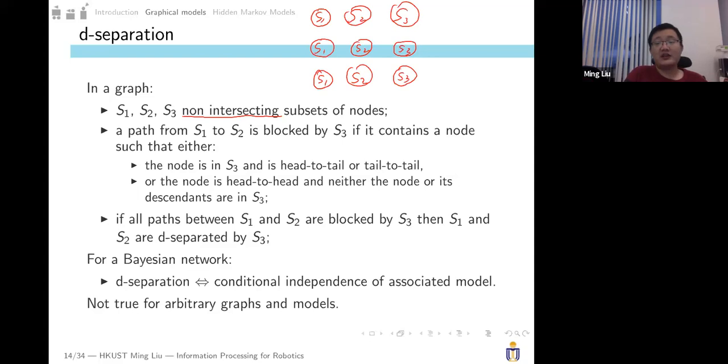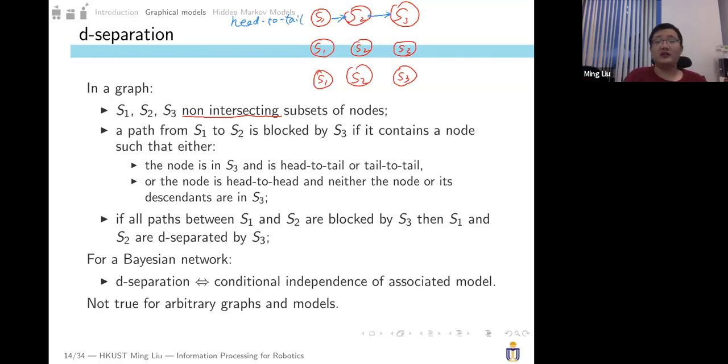Sometimes, if we only check the status of S2, that will be either a so-called, this is called what? This is called head to tail. Why that? Because on the left side it's a head, right side is a tail.